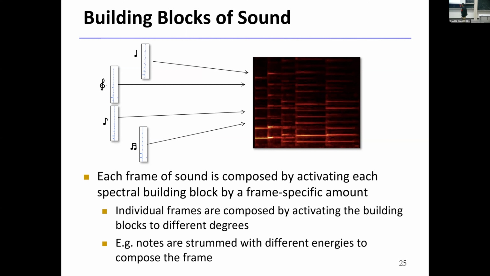So each individual frame is composed by combining these building blocks at different energy levels. If you want to think of this in terms of notes, it's like saying that you're composing each segment of music by strumming the same four notes with different energies, right?